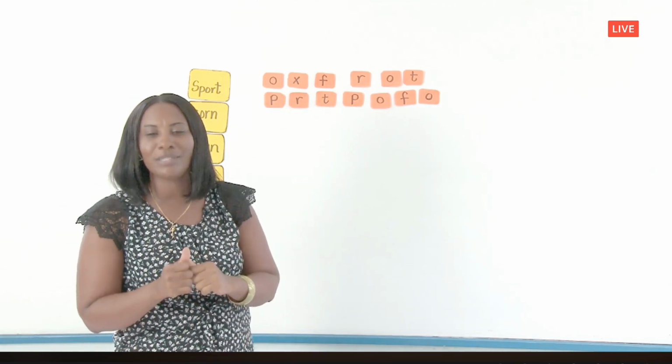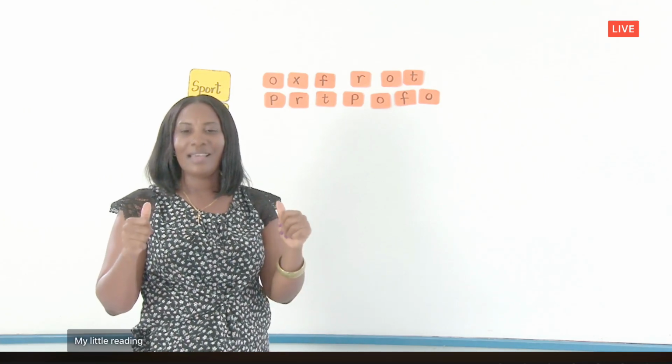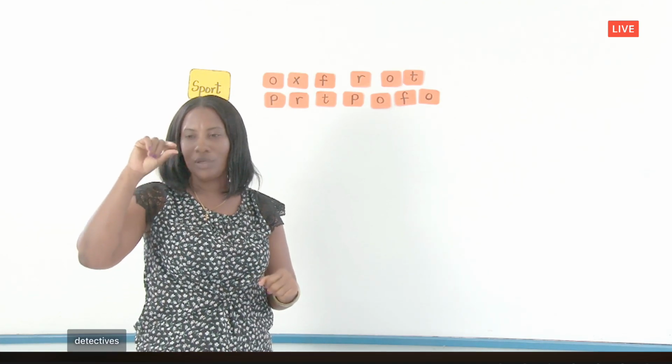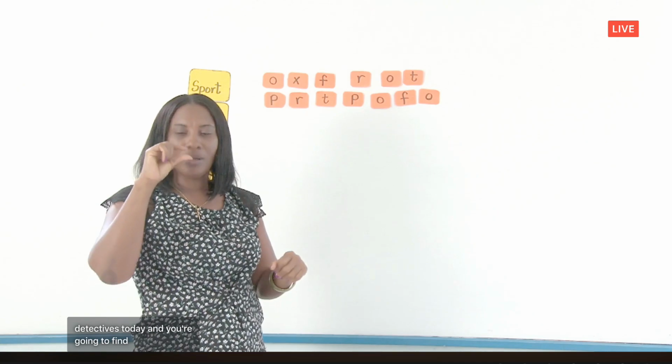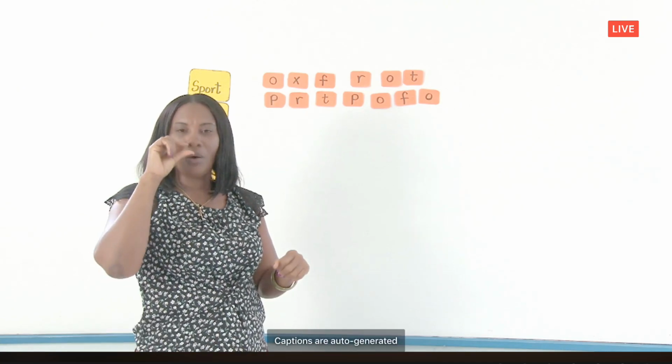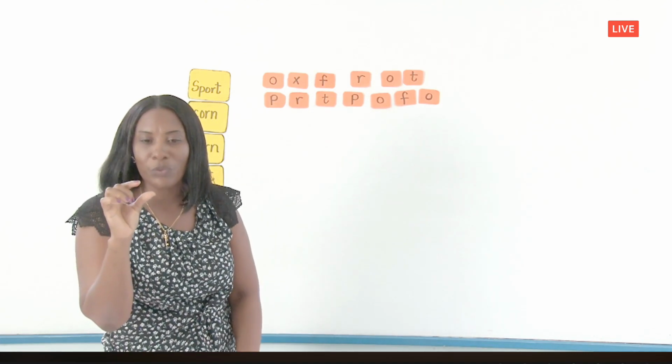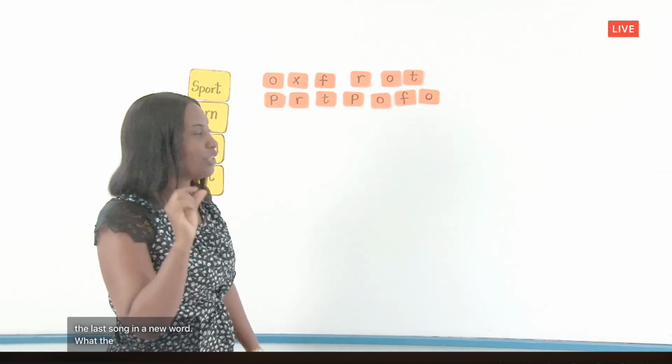And I'm going to invite you to be my little reading detectives today. You're going to find out for me what the vowel sound will be changed to in our new word.